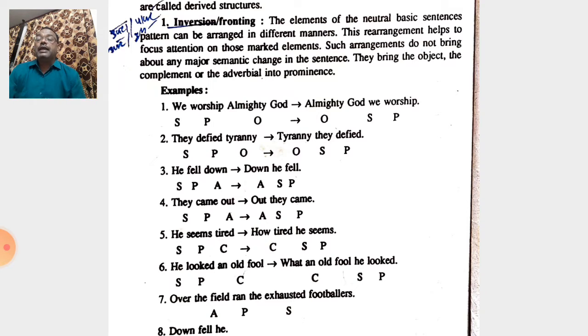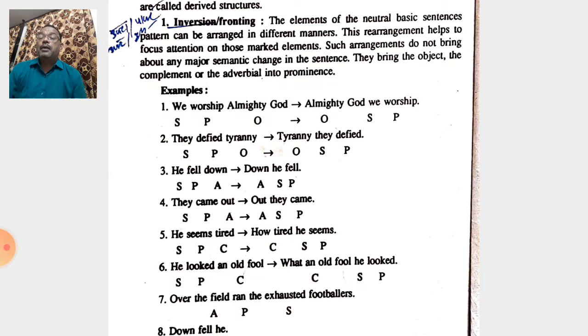Just as he fell down: he is the subject, fell is the predicate, down is the adverb. Is there a change? No. But there is a change in the order of the words. He fell down, down he fell. He came on Monday, on Monday he came.